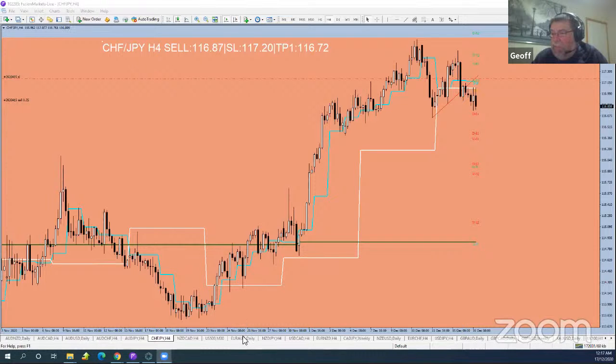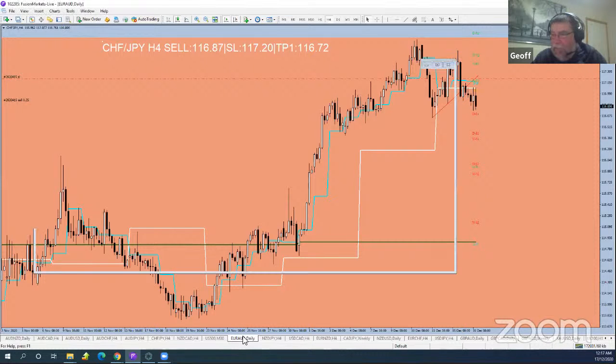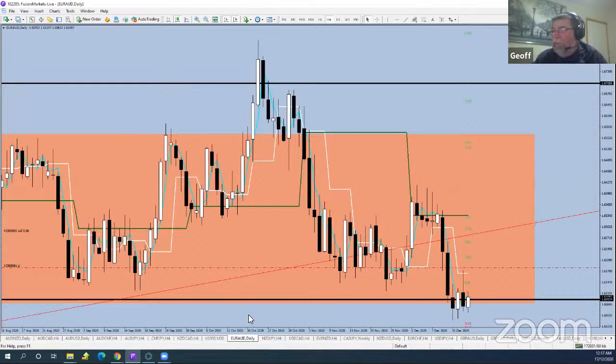Those of you who are in, you will probably note that I've managed these trades a little bit. Euro Aussie was the first one, I think, that we entered. And we are now past TP2, and I've moved my stop loss down to just above the weekly pivot and that big candle there yesterday.